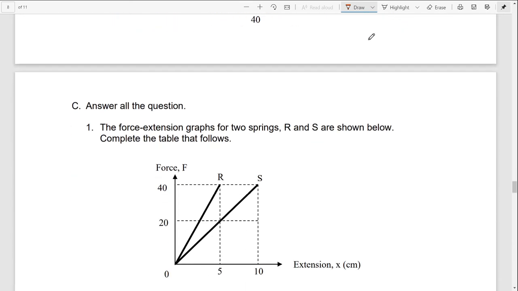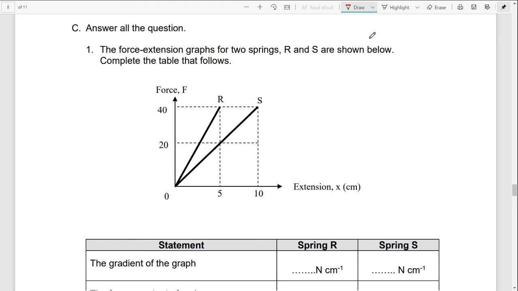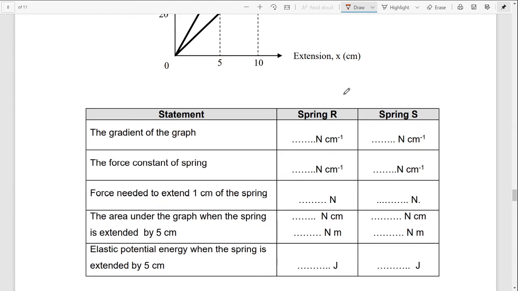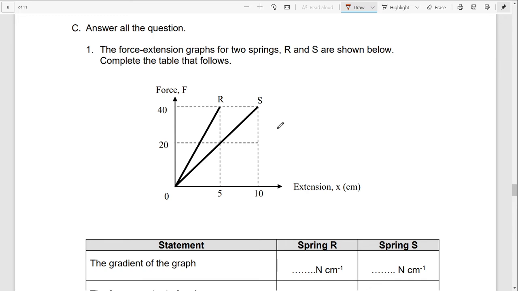Okay, the force extension graph for two springs R and S are shown below. Complete the table that follows. Okay, so you have to complete this table. So the first one, the gradient of the graph for spring R and spring S. Okay, so if I look here, gradient for R, that will be y divided by x, correct?